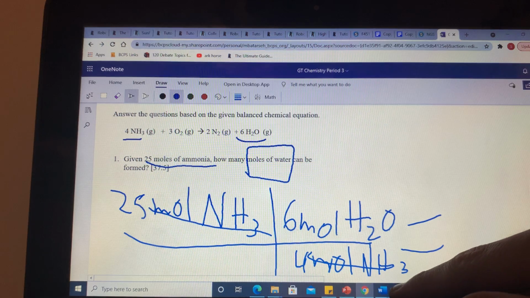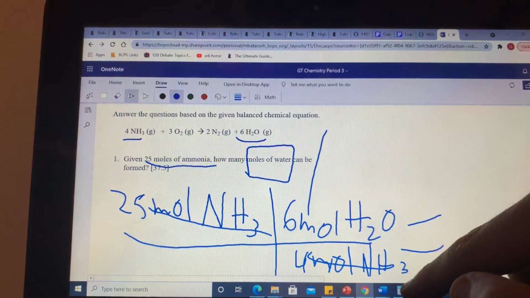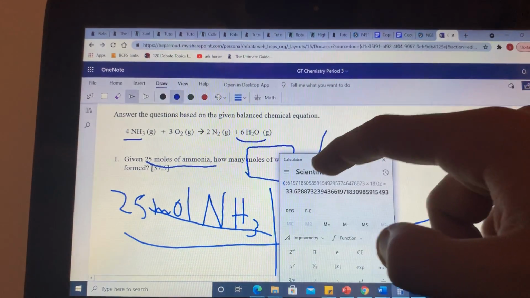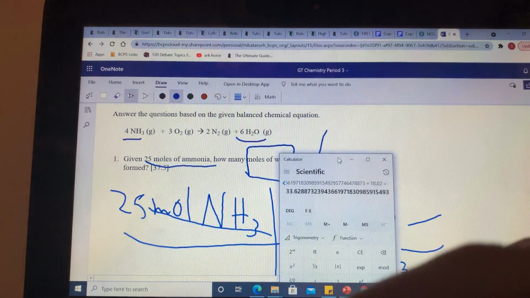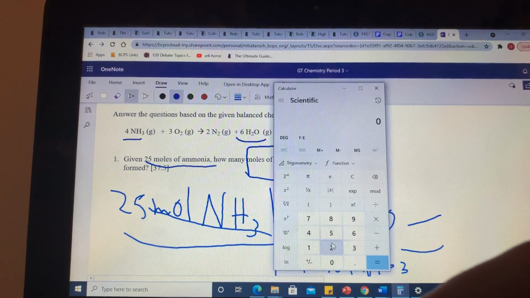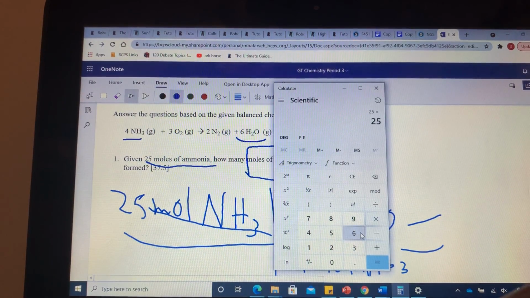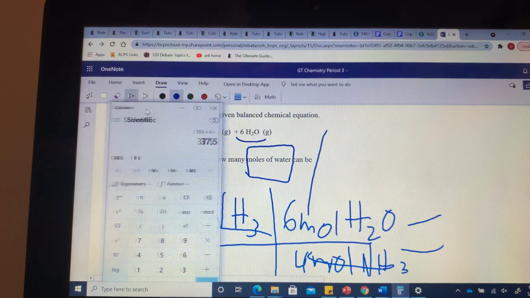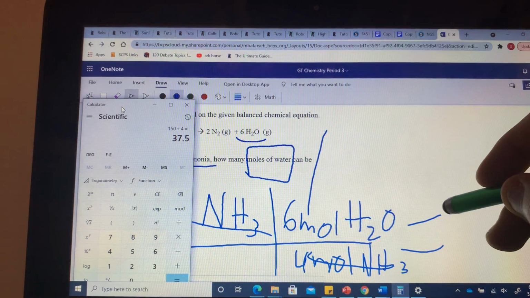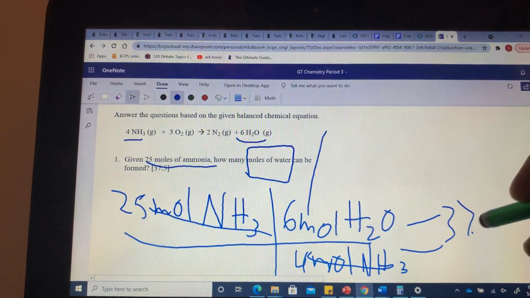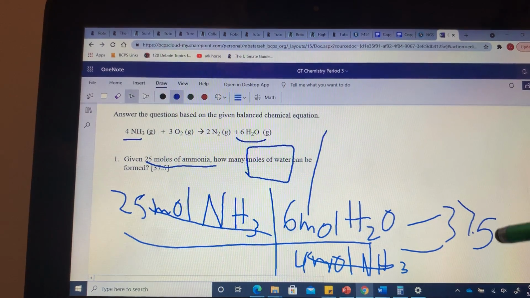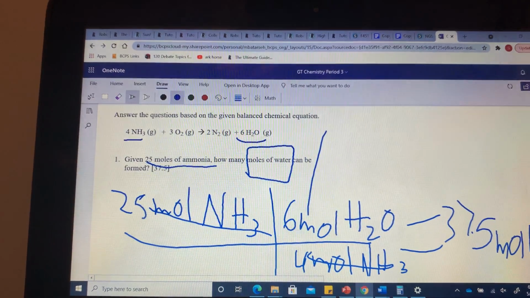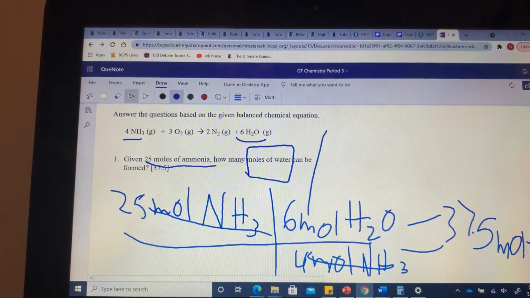Let's get a decimal, so let's use our calculator here. We have 25 times 6 over 4 is 37.5 moles H2O.